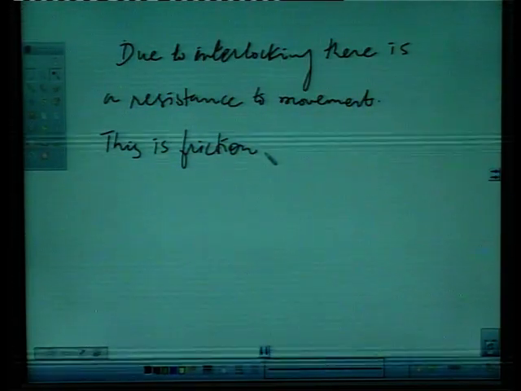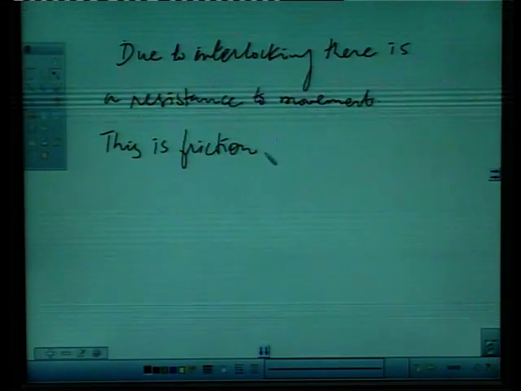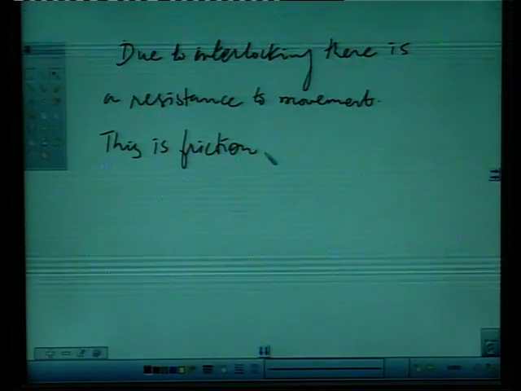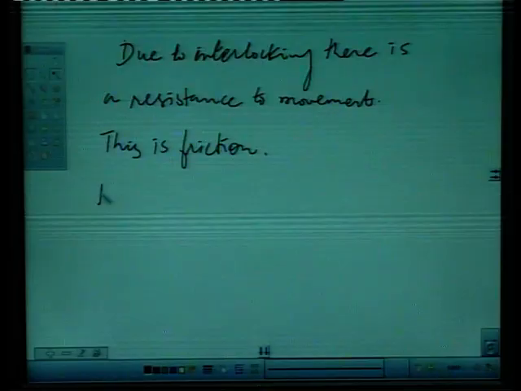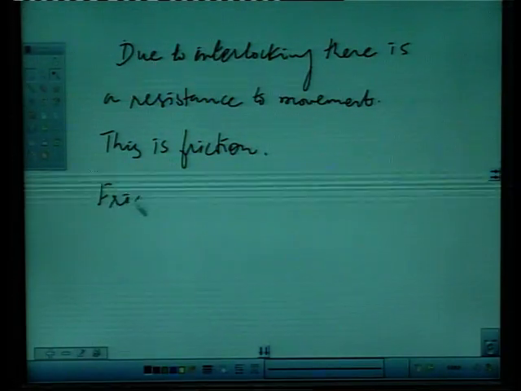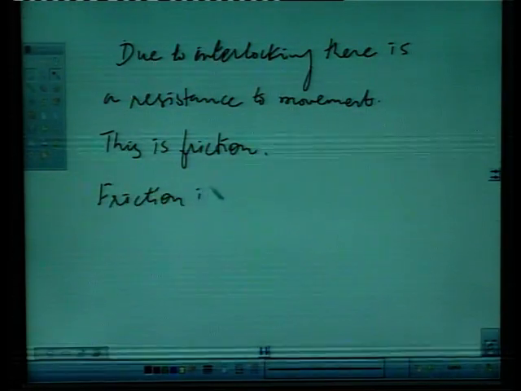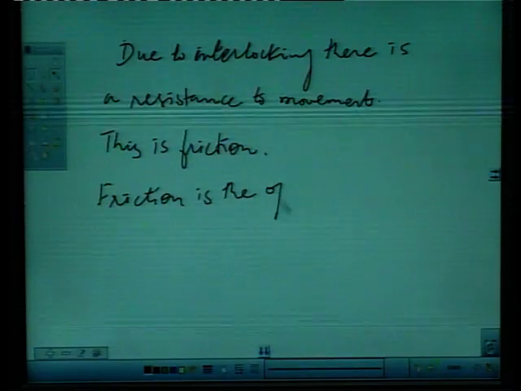So, what is friction? Friction is the opposing force.